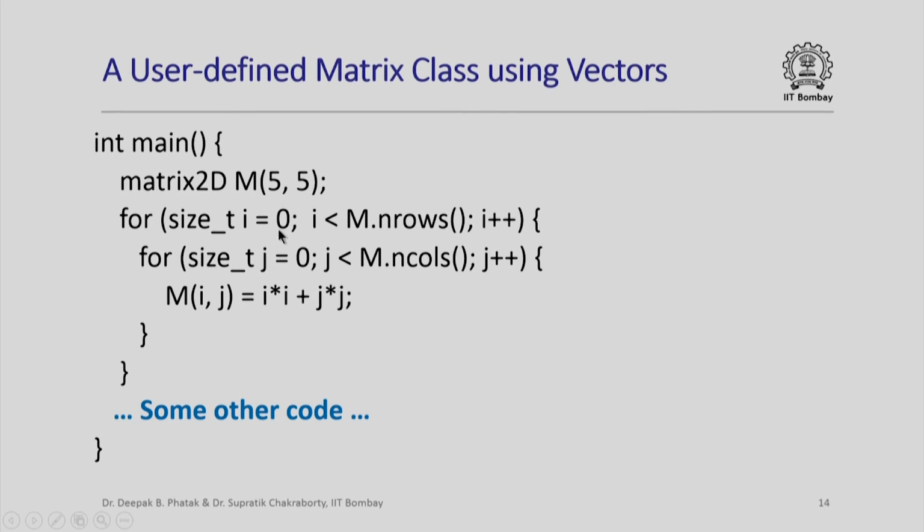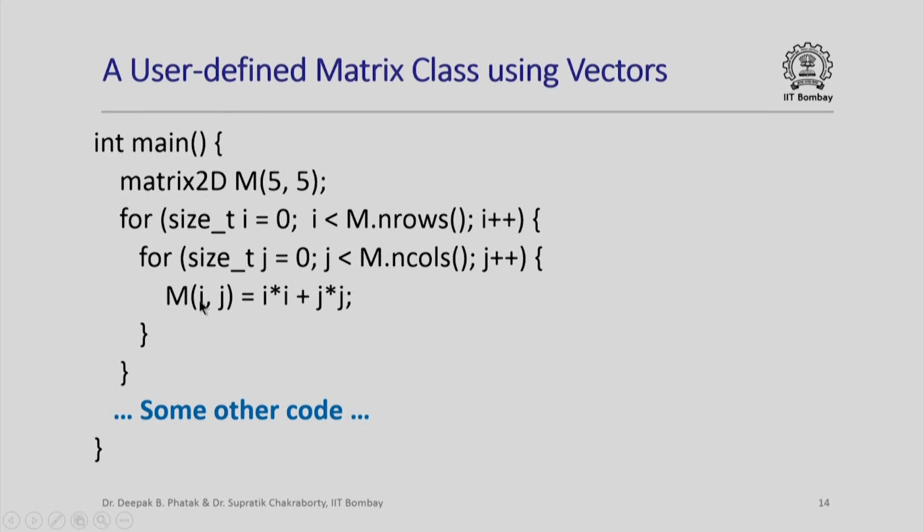And then I am basically initializing the elements of this vector. So I am iterating from i = 0 till i less than m.nrows(). This was a public member function that we just saw, and similarly I am iterating from j = 0 to j less than m.ncolumns(), and m(i, j) here is the overloaded function call operator that we saw in the previous slide. I am passing it two parameters i and j, and it is going to return the jth element in the ith element of the vector m.